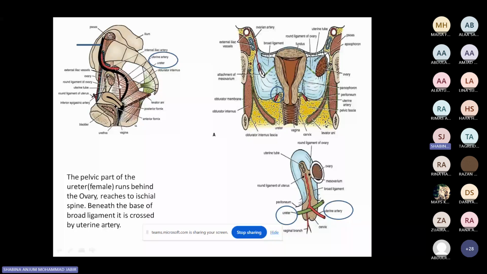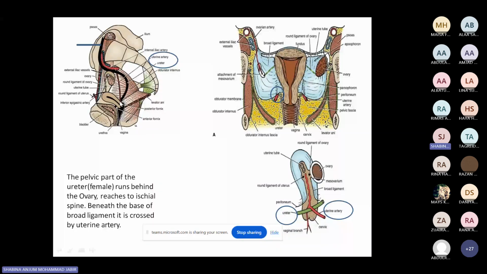And beneath here, we know already the anatomy of the uterus. We know what the broad ligament is. So beneath the base of the broad ligament, the ureter is crossed by the uterine artery. Can you see? This is the uterine artery and this is the ureter.